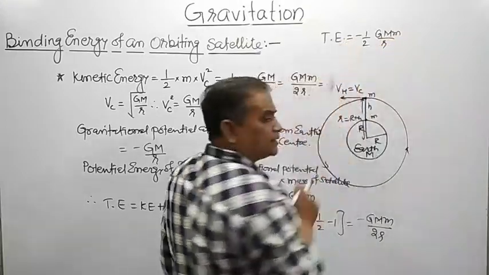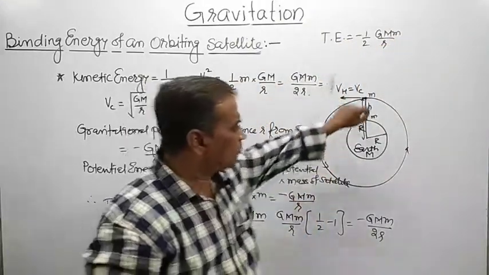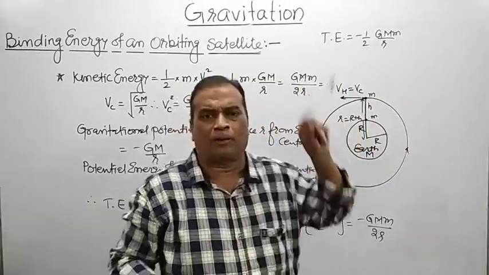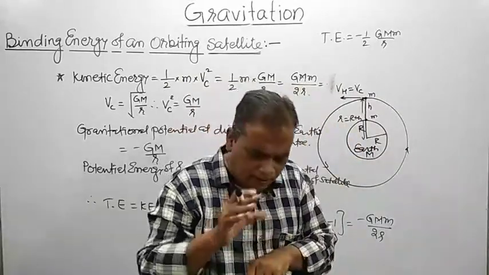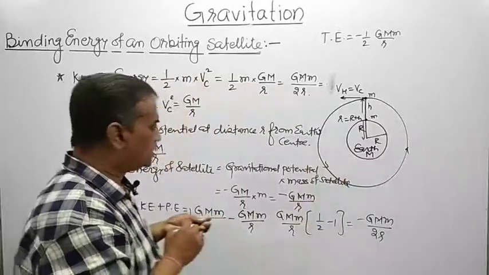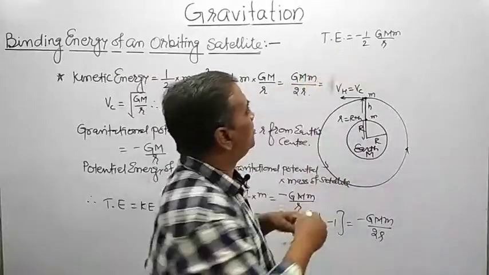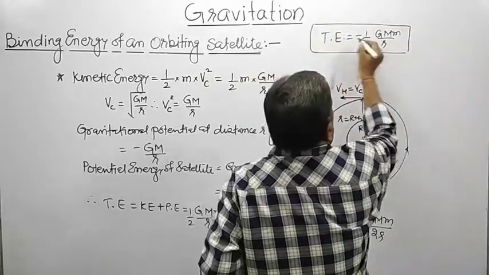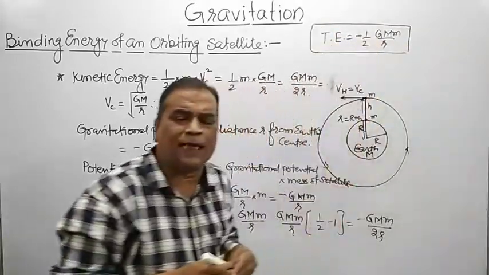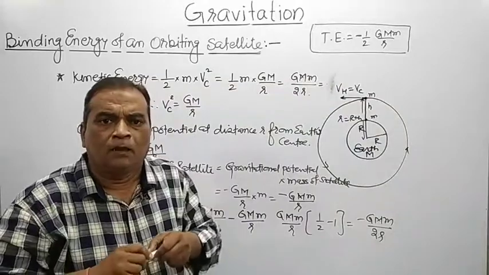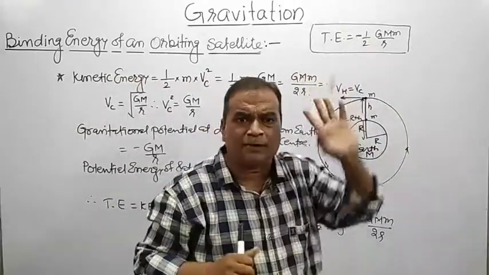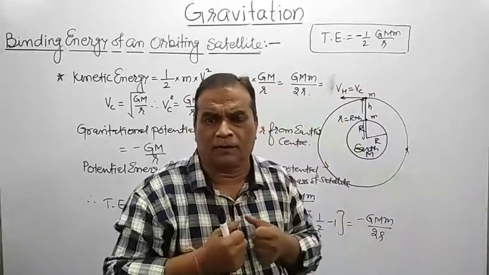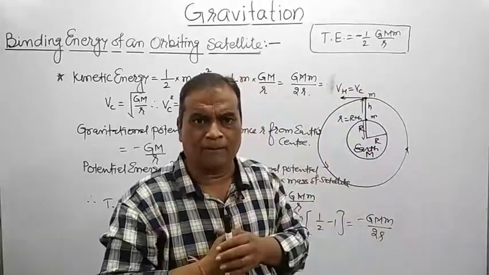This is the total energy of what? A satellite revolving in a circular orbit round the earth, of radius r. See here, we want to escape the satellite. In the expression for total energy, you can see there is a negative sign. What does that negative sign indicate? That the satellite is bound to the earth due to its gravitational influence.